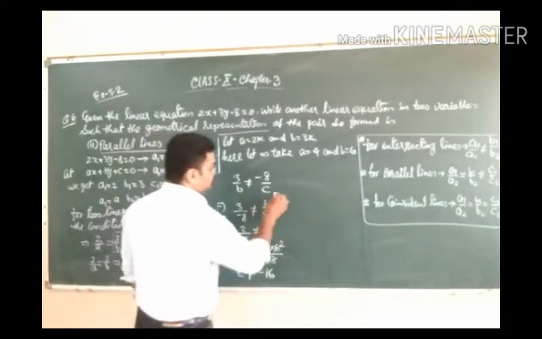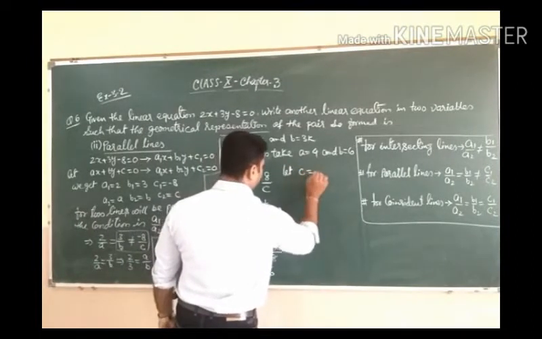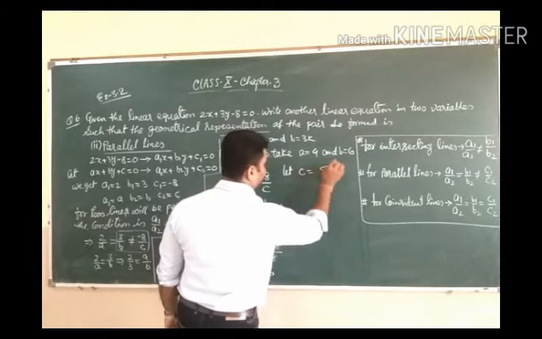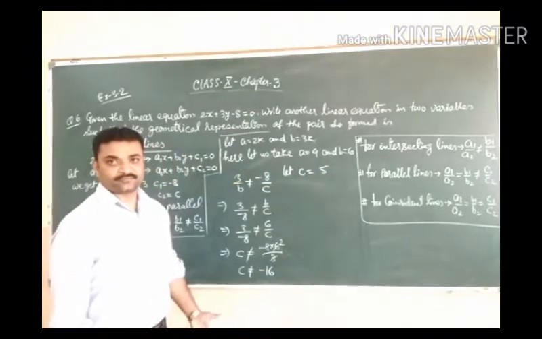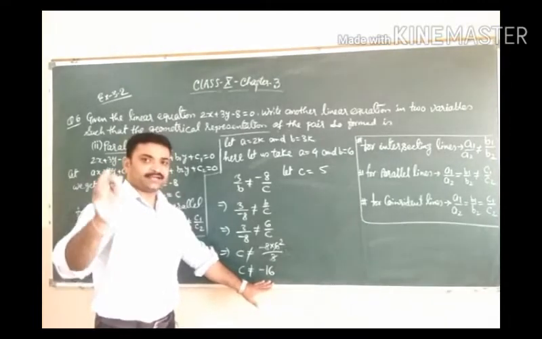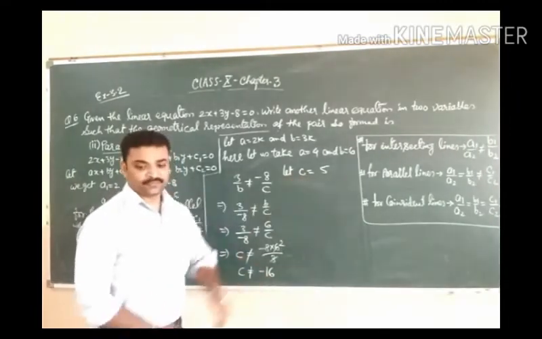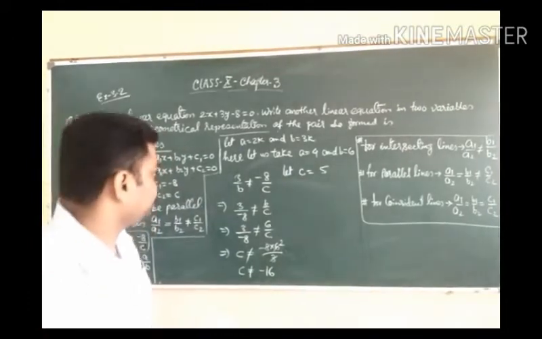Clear? So, suppose we are taking, let c is equal to 5. You can take any number, 5, 6, 7, 8, 9, 10, 11, 12, any number, but we are taking c is equal to 5. Then, what we get?